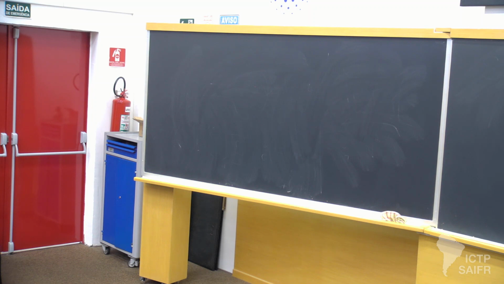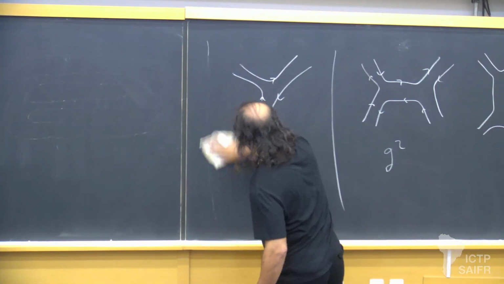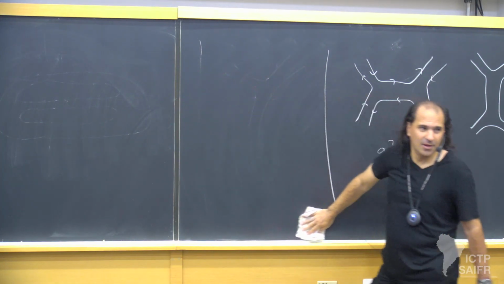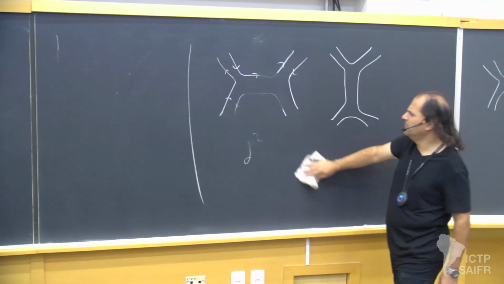And we usually say it in the language of drawing the diagrams on a surface. So we say we draw the diagrams on a plane, or we draw the diagrams on a torus, or whatever, okay?